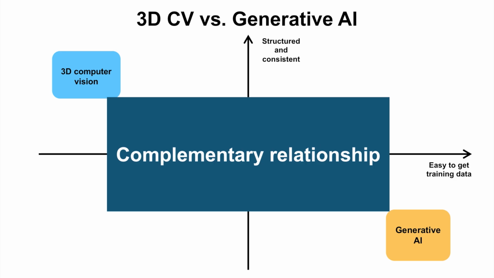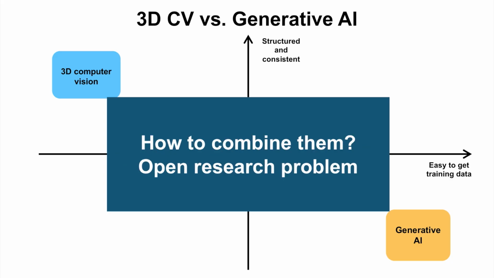But generative AI is a little bit not structured and not consistent, but getting training data is easy, right? So they are complementary. And how to combine them is an open research problem. How can we combine them? Especially the consistency and physical plausibility from computer vision, and from generative AI, easy training data, good photorealism and diversity. How can we combine them? That is an open research problem.